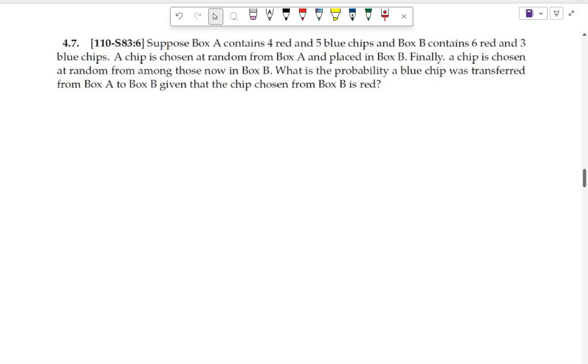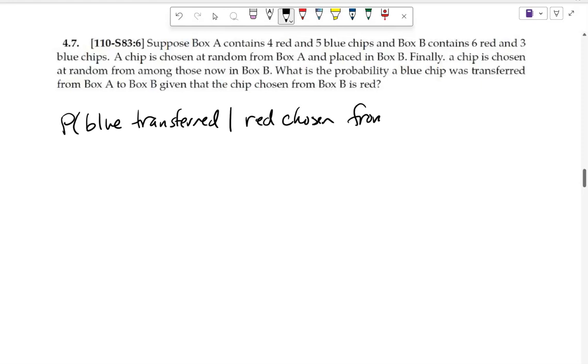Other way around. Given that you picked a red one, what's the probability you transferred a blue one? Sorry. I said it backward.